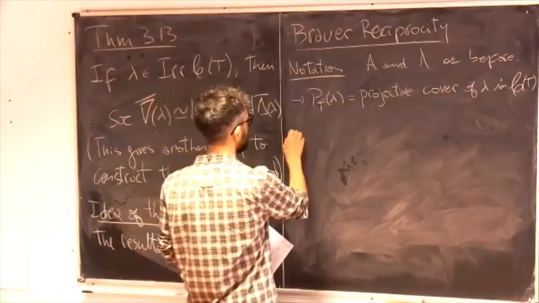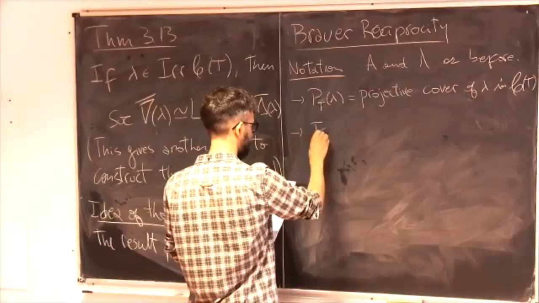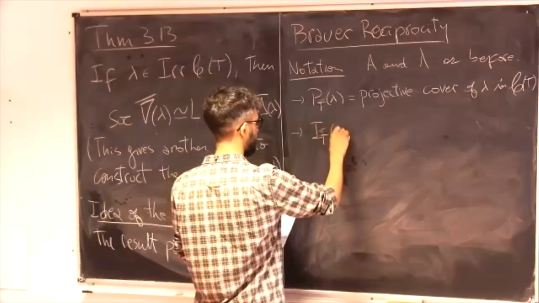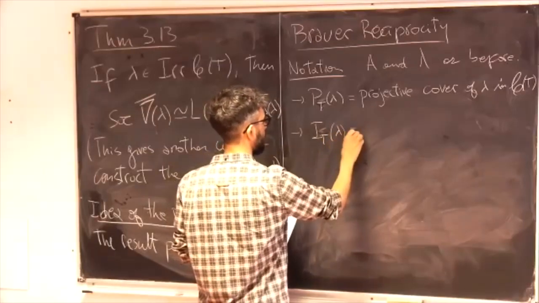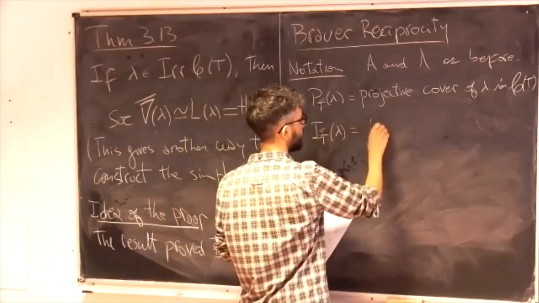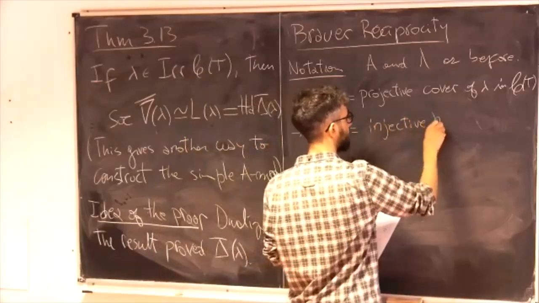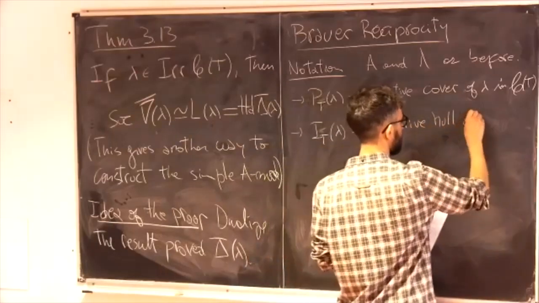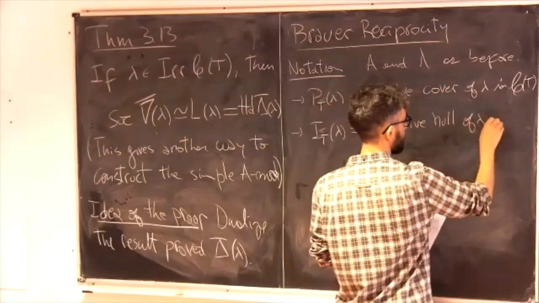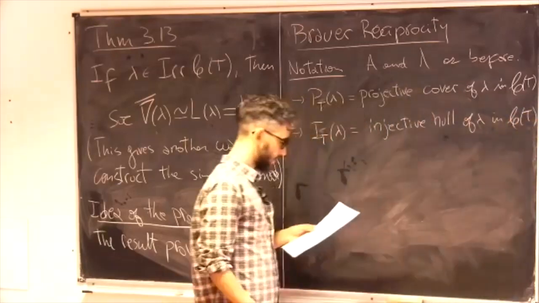And also we need to introduce the injective hull, which we denote I_T lambda. This will be the injective hull in the category of A_T modules.